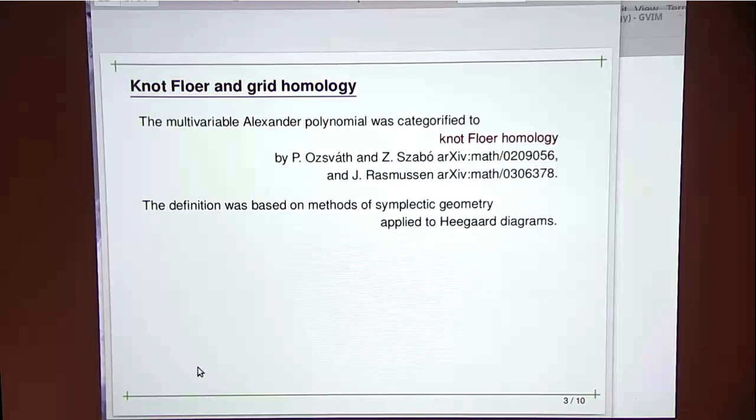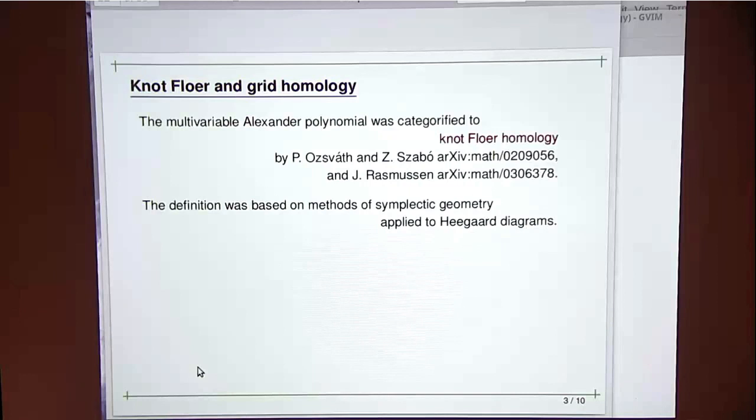And the disadvantage, it is very inconvenient for computer calculation. So it's not that bad for calculations, because in the very first paper about that, they already calculated the homology for knots up to 9 crossings. So it was not that difficult. But on the other hand, each time you should look at the picture and realize.